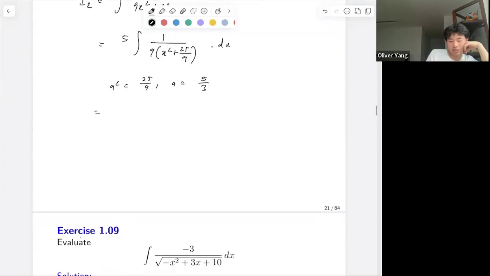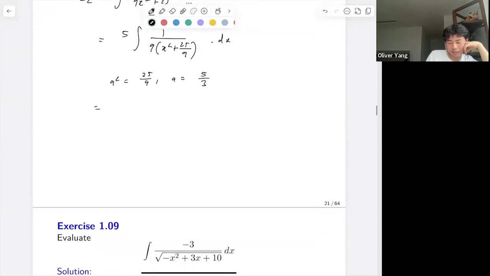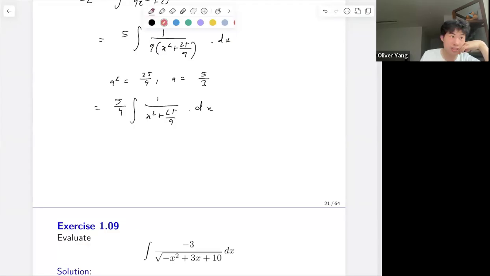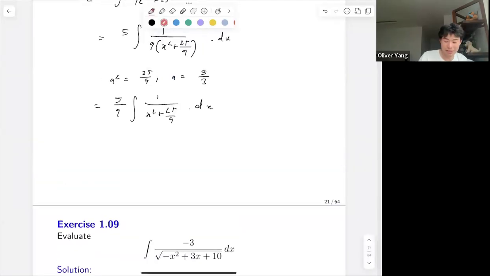Right? So our integral becomes, so we get the constant. Let's write this out actually, so I'm not confusing anyone. Okay, so using the formula sheet, this is not exactly in the form, but it's close, right? So we want to make it look like the form that we have on our formula sheet. So a squared is 25 on 9, a is 5 on 3.